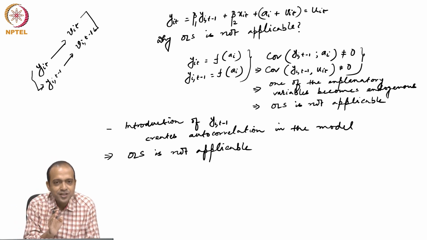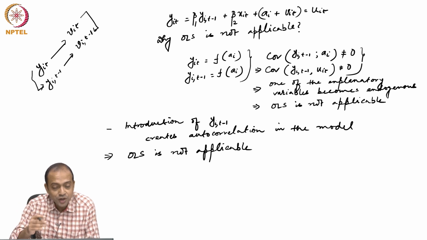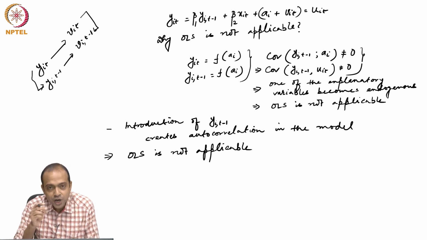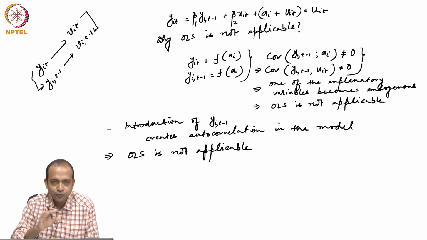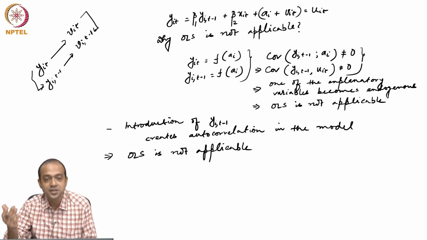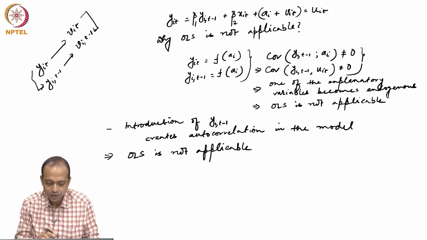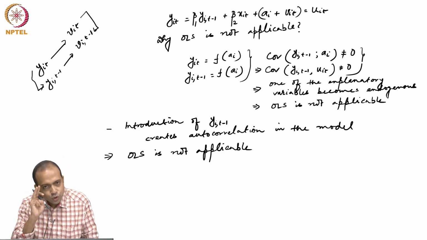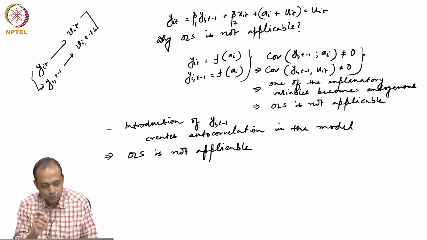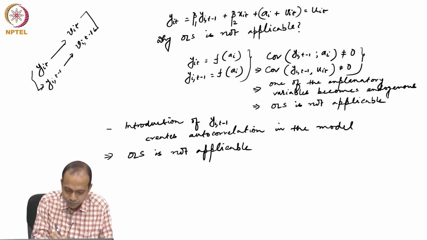So, since there is a problem with this individual specific time constant effect, which is creating one sort of persistence in the model, we are trying to eliminate this unobserved effect by fixed effect transformation, and let us see what will happen. So, up to this stage, what we have explained is that there are two types of persistence that come due to introduction of YIT minus 1. This is number 1 and this is 2, right.